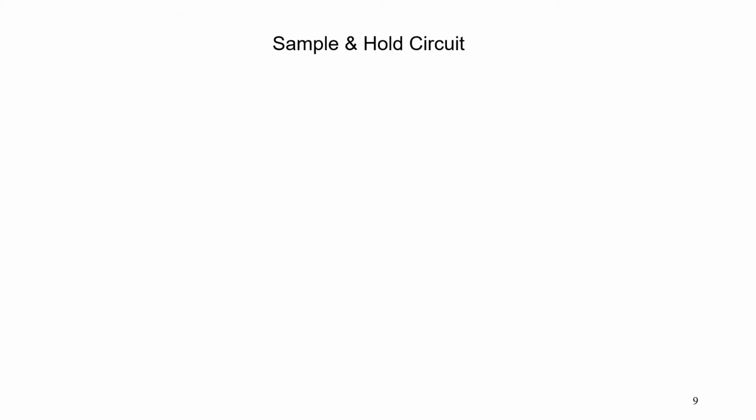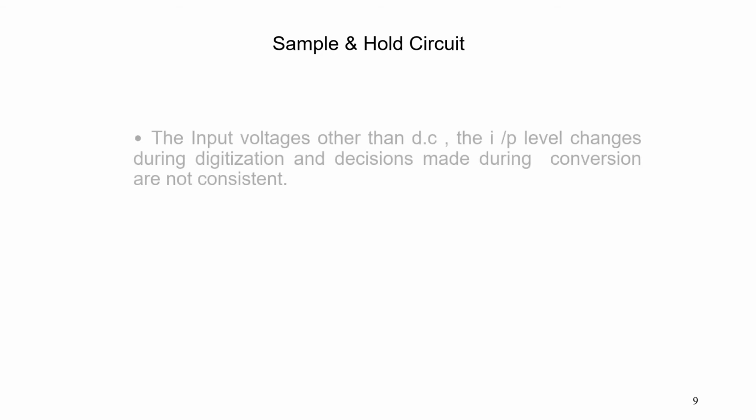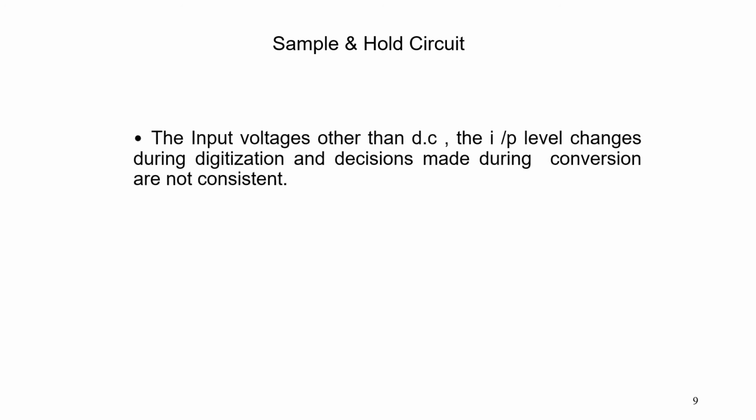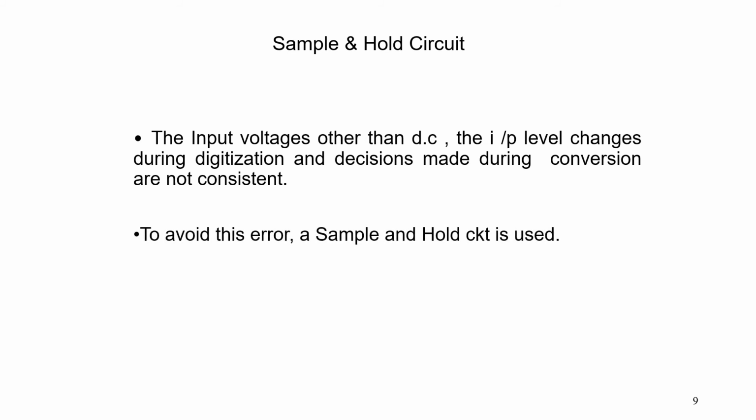We have seen we have a sample and hold circuit in the successive approximation type of voltmeter. For input voltages other than DC, the input level changes during digitization and decisions made during conversion are not consistent. To avoid this error, a sample and hold circuit is used.